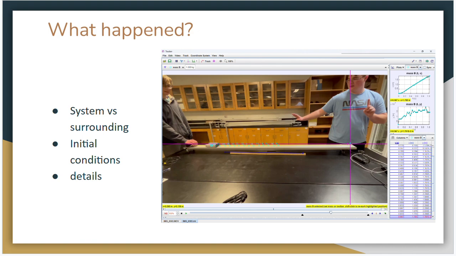So what happened? Well, we found this cart and this track, and we pushed the cart on the track, and as soon as it left our hand, that meant that there was no force acting on the object, at least for the experiment's sake. So therefore, it should have been moving at constant velocity.